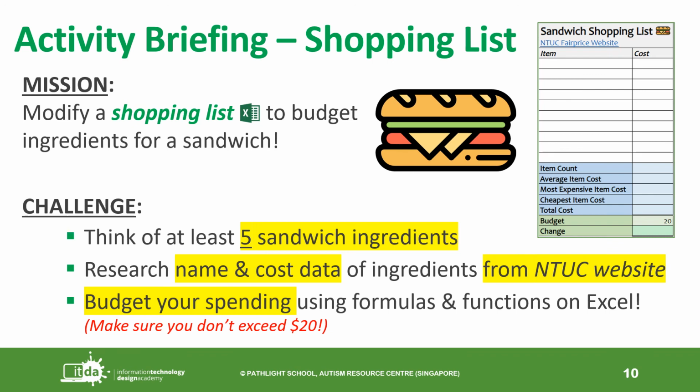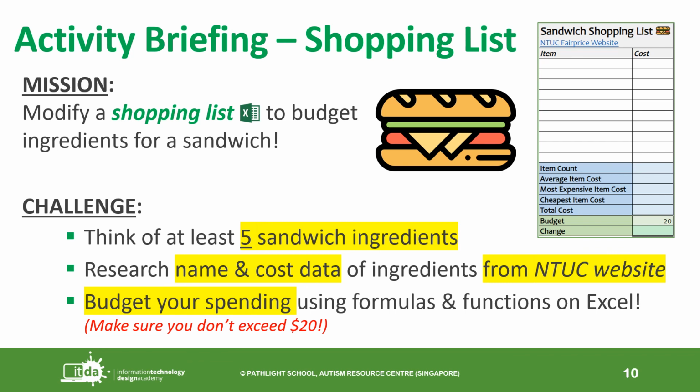Your shopping list will look something like what you see on the right. You'll need to enter the items that you want to buy as your ingredients and their cost. In the blue boxes, you will need to indicate the different formulas and functions to calculate the count, the average cost, the most expensive and the cheapest item, and so on. In the green boxes, you will need to calculate the change that you get, which is basically budget minus total cost.